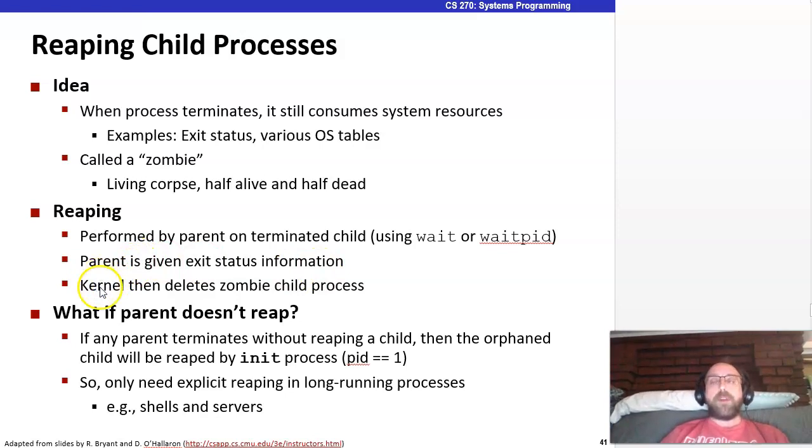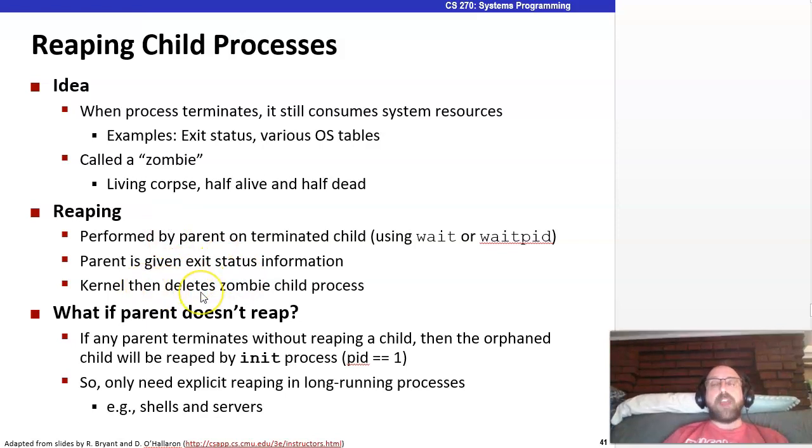Well, then we can get rid of the process. The kernel gets rid of the process from the various tables. Its process ID is now available to be used by some new process that gets started up. And its exit status is no longer stored, at least not in the kernel. The parent hopefully stored that in a variable somewhere.